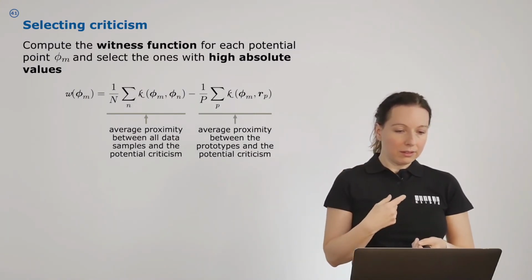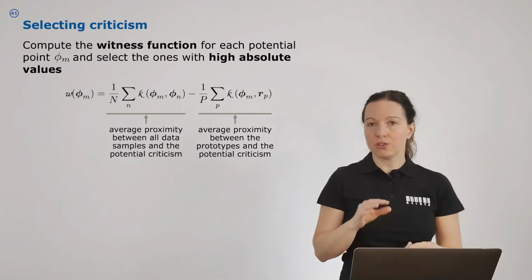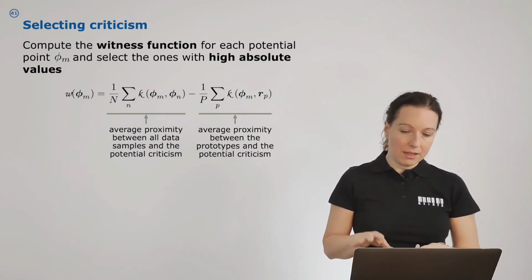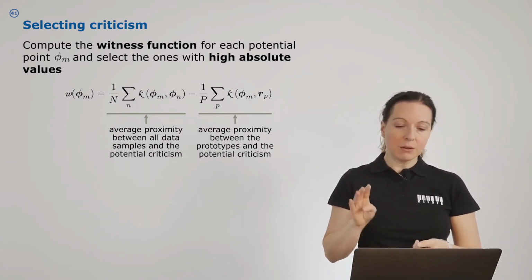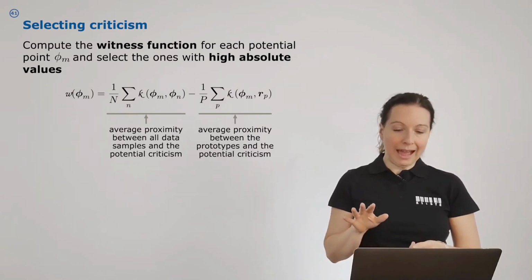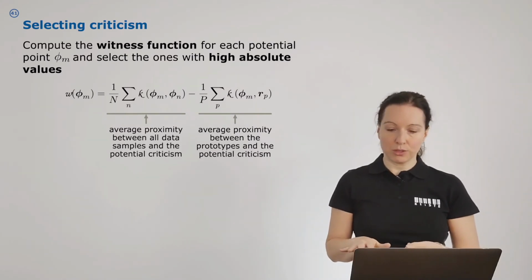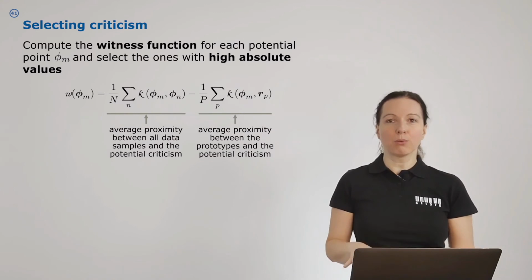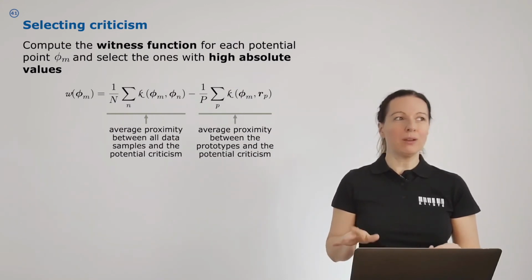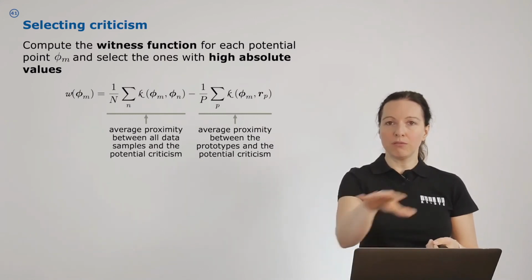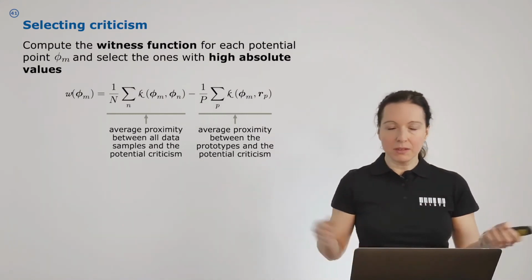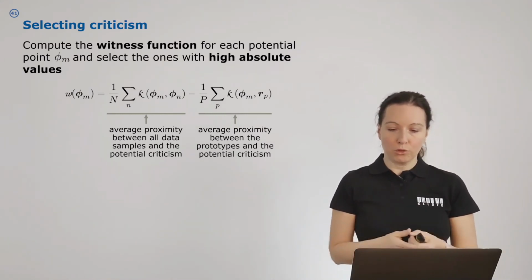And the third scenario is if the witness function is positive, the first term is large and the second one is low. That means that the prototype distribution underestimates the data distribution. So actually prototypes are missing. It happened that the prototypes could not find specific areas.